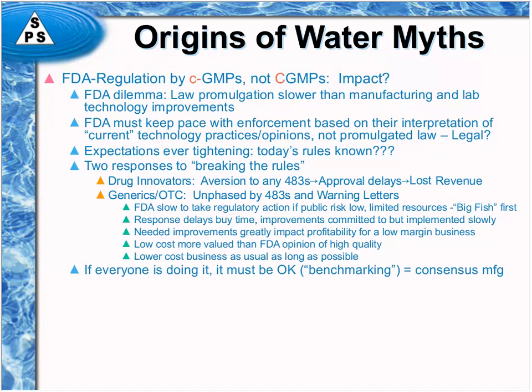Now, another issue associated with the CGMPs is this business called benchmarking. And the concept is that if you ask around and everybody seems to be doing it a certain way, and they seem to not be getting nailed by FDA for doing it that way, then it must be okay. And so that's called benchmarking, and what it means is that you have consensus manufacturing.